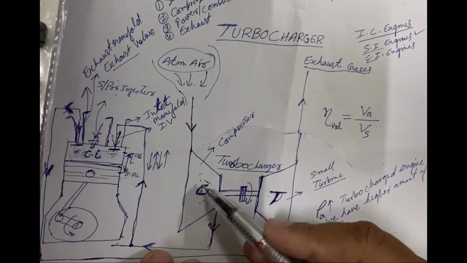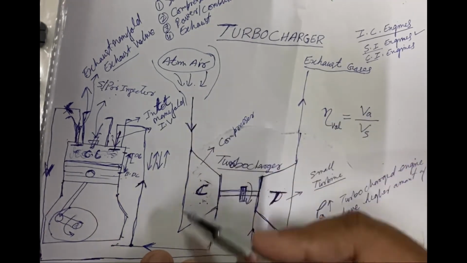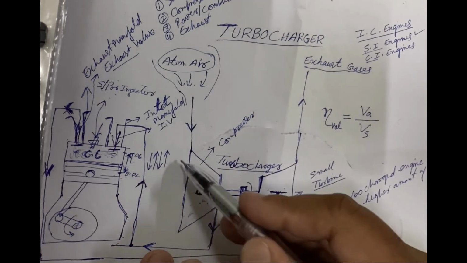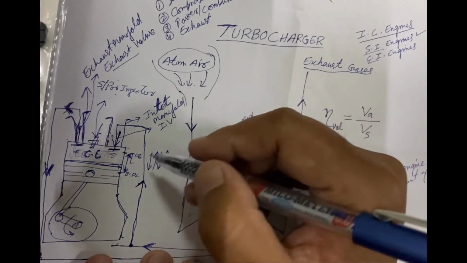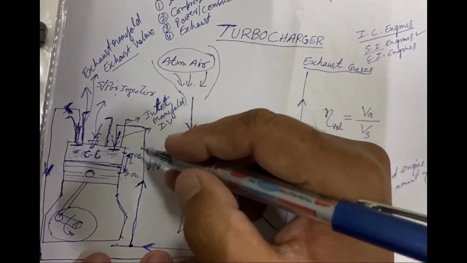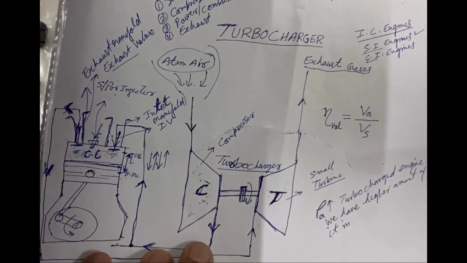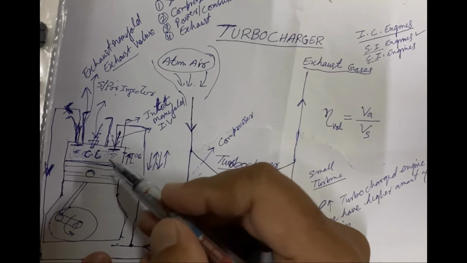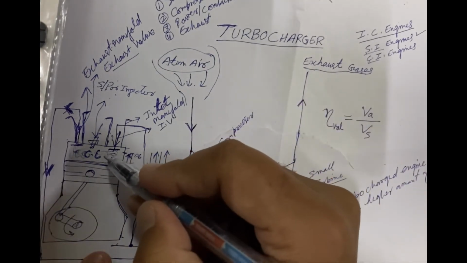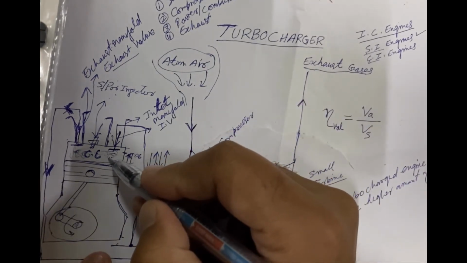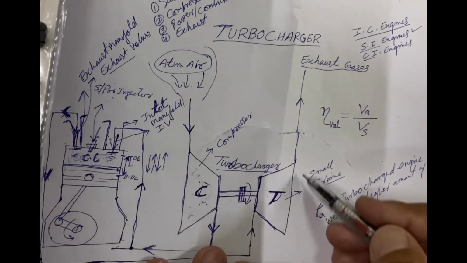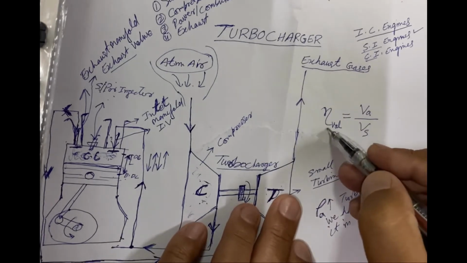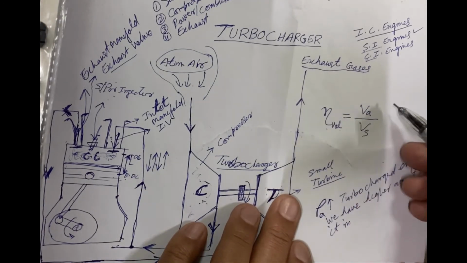The main aim of the compressor of this turbocharger is to increase the density in order to increase the O2 in the atmospheric air, so that complete combustion of the air fuel mixture will take place in this combustion chamber and we will get the maximum power. And hence this turbocharger actually increases the volumetric efficiency of an engine.